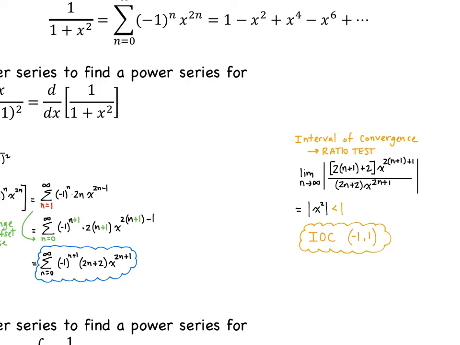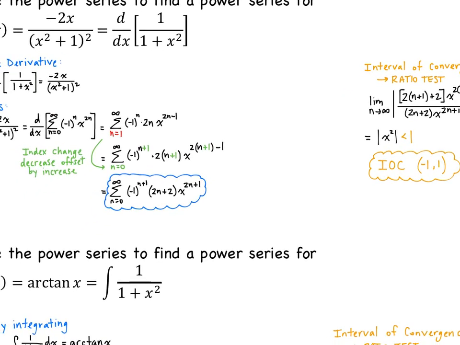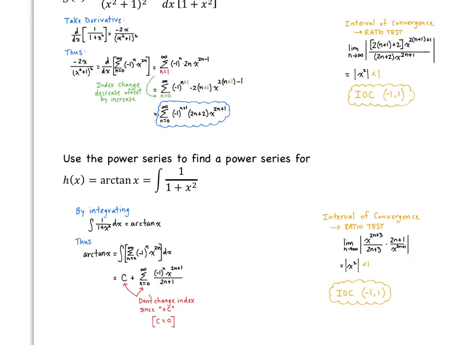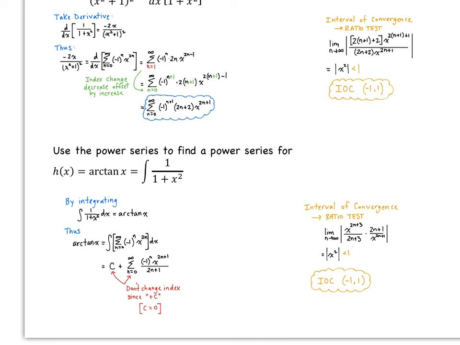Okay, so then our last example is going to deal with integration. We're going to use a power series to find the power series for h of x, which represents the arctangent of x.